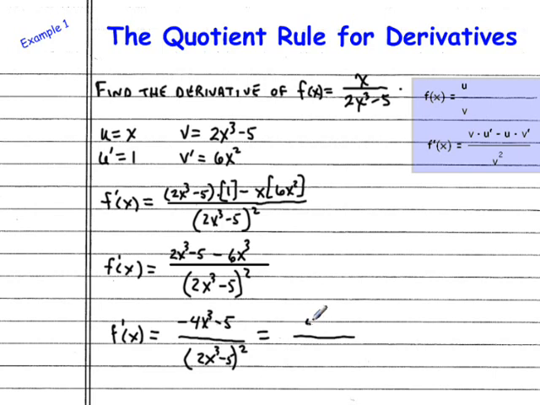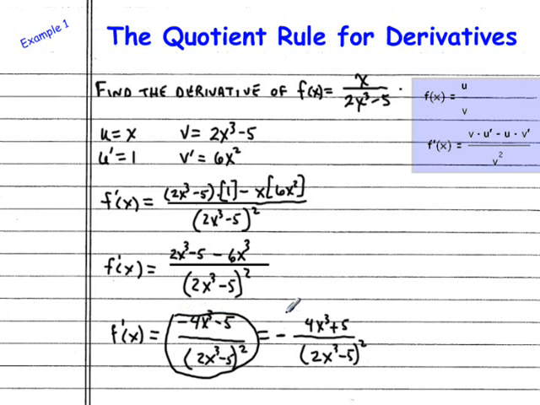That would give us negative 1 times 4x cubed plus 5. But let's put that factor of negative 1, rather than in front of the numerator, in front of the fraction. And then we're divided by, of course, 2x cubed minus 5 to the power 2. This would be an alternate way to write this result. Either one, I think, would be acceptable.